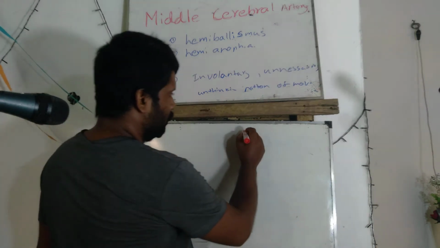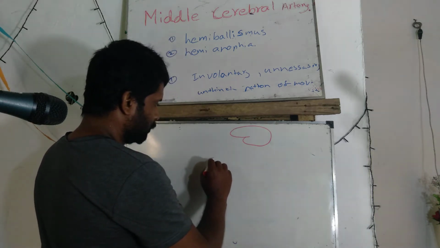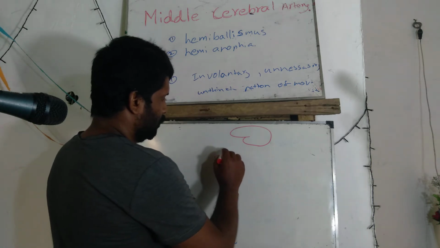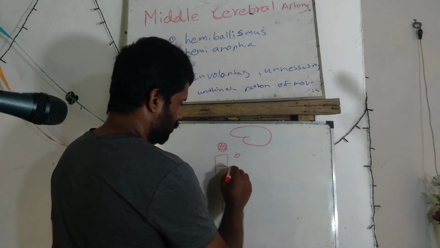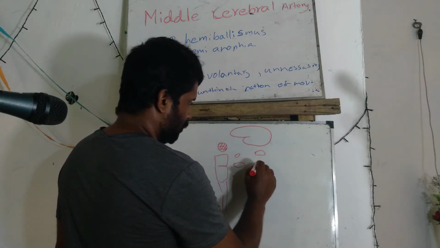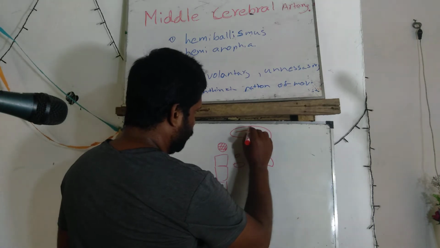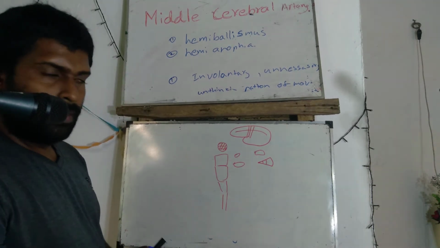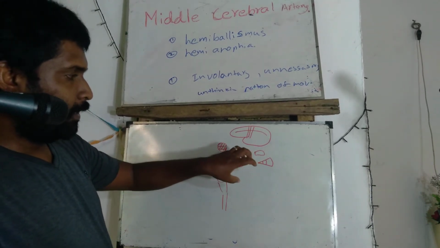I am drawing it clearly. This is the brain, and this is the posterior part of the brain. These are the special organs.